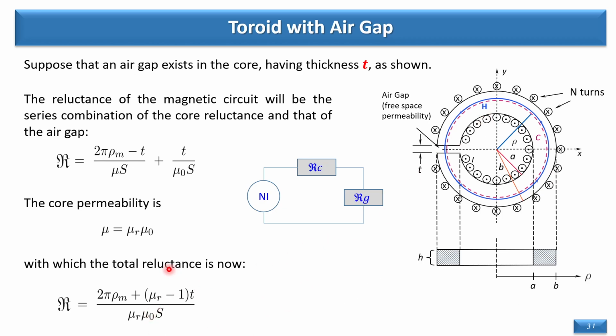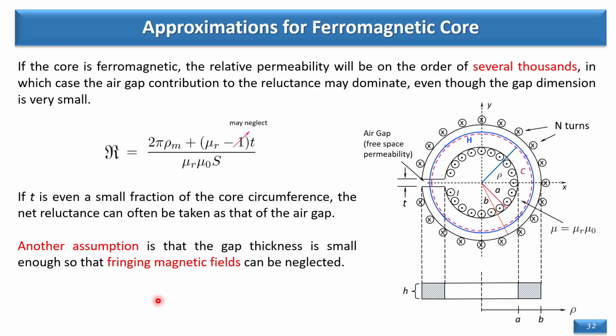So here the reluctance will have this expression, and if we choose the core to be a ferromagnetic material with relative permeability of 10 to the power 4 or 5, we can easily neglect one with respect to mu r and have this expression.